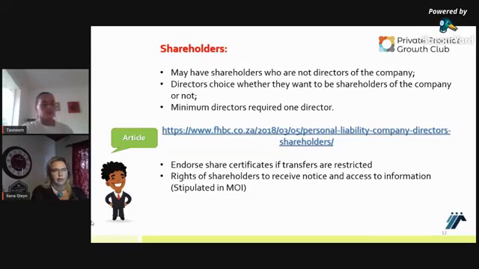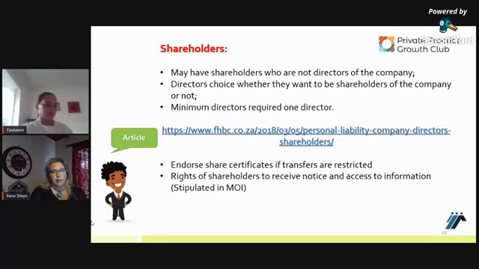I know usually some of these big organizations require the share certificates to be printed with that stipulation to make sure that you can't just transfer the shares. And then also the rights of the shareholders to receive notice and access to information as stipulated by the MOI. So they can have access to the company's records, the financials, different things that need to happen there.